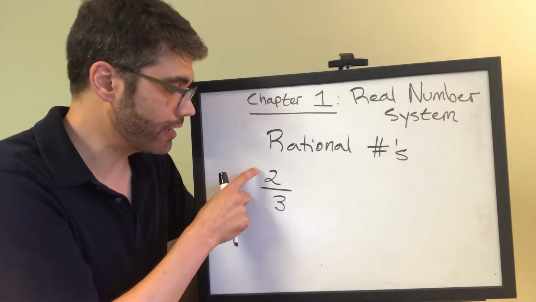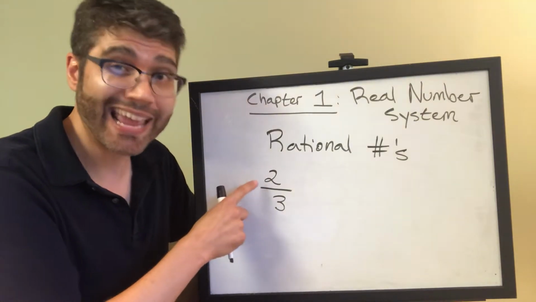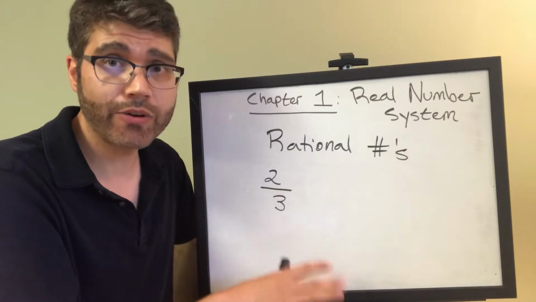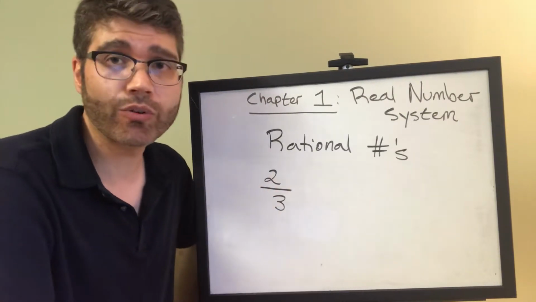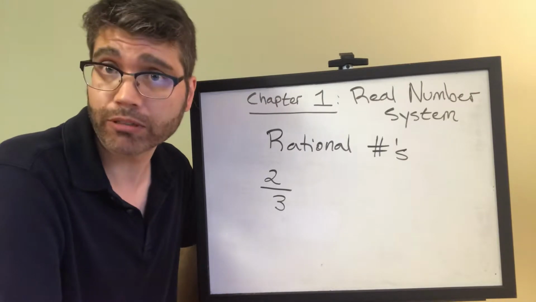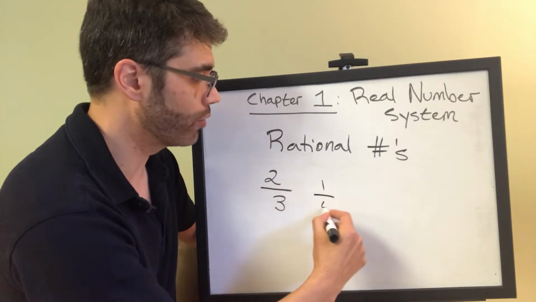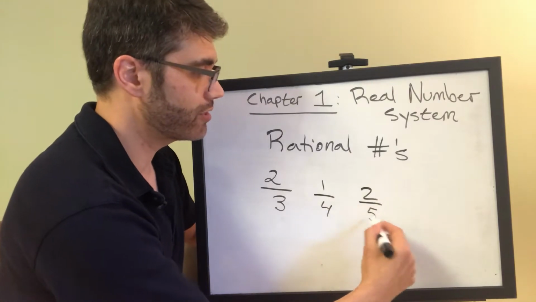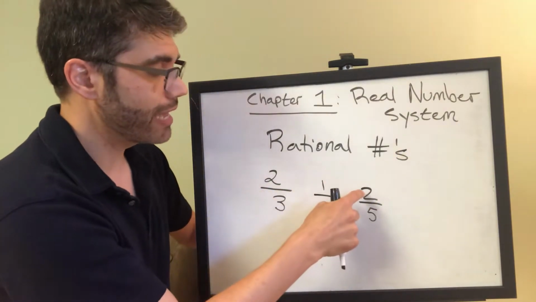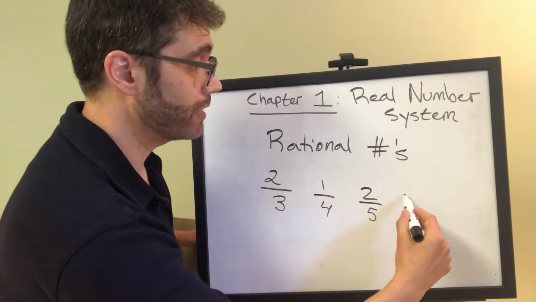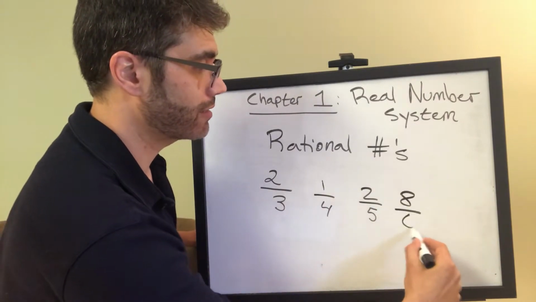If you have an integer as your numerator and an integer as your denominator, then you have a fraction which is a rational number. Okay, so 2/3 is considered a rational number. 1/4, 2/5. Okay, you could even have an improper fraction, and that's also a rational number, maybe like 8/6.